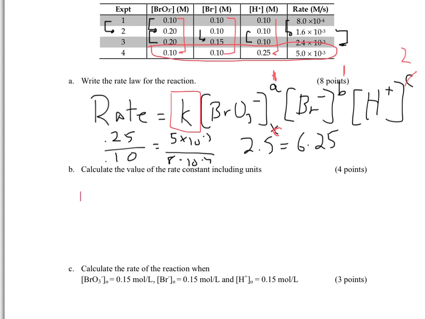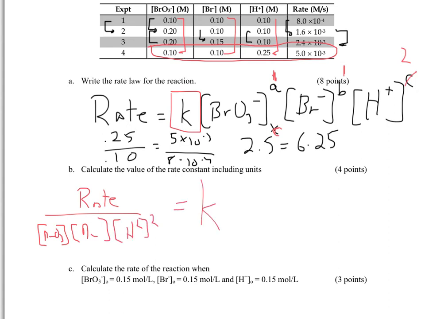We can rearrange that into rate divided by concentration of bromate, concentration of bromide, and concentration of H plus squared. That will equal K. In this case, we have 4 molarities there. We want our rate to be molar per second, and so we need to get rid of them, and so this is going to be M to the third seconds are the units for this K.